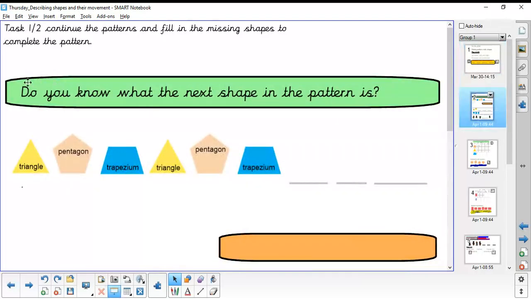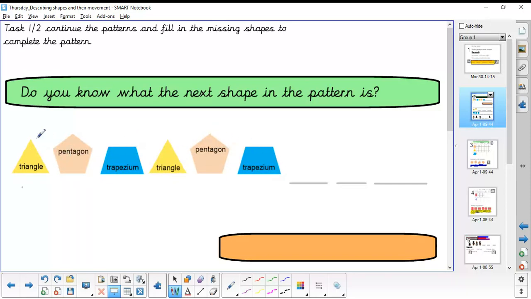So let's have a look at our first question. It says, do you know what the next shape in the pattern is? If you're not too sure, then we first need to follow the pattern to find the rule. So we look at the shapes that we have, which is triangle, pentagon, trapezium, triangle, pentagon, trapezium.